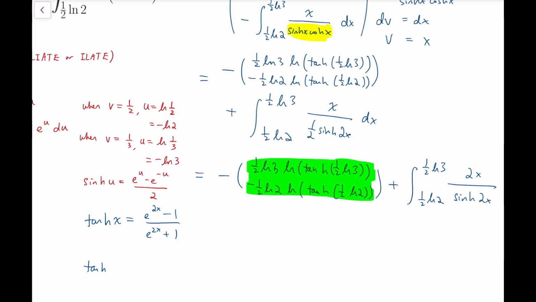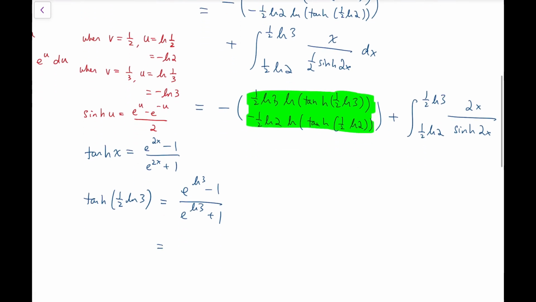Tangent h of half of log 3, say for example, is just e to the power log 3 minus 1 over e to the power log 3 plus 1. And so that means I will have 3 minus 1 over 3 plus 1, and that's just 1/2, a very simple value.